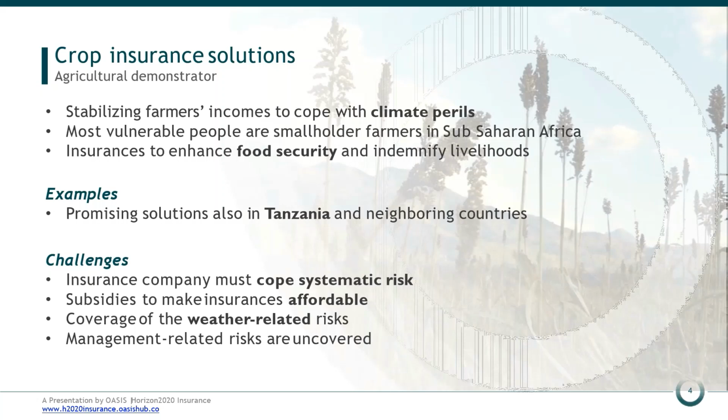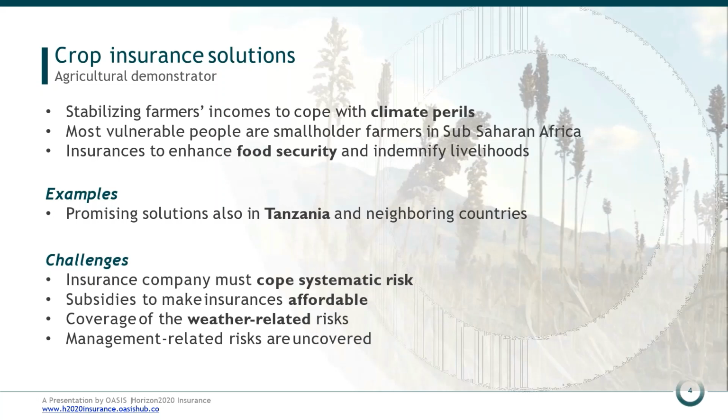scheme, or designing a crop insurance, I think spatial basis risk has to be addressed, which is then the goodness of the insurance index.